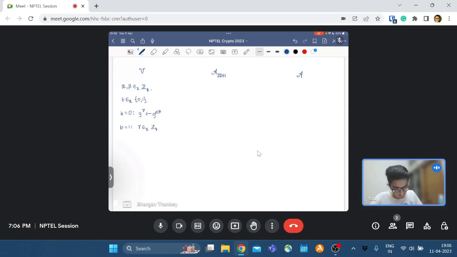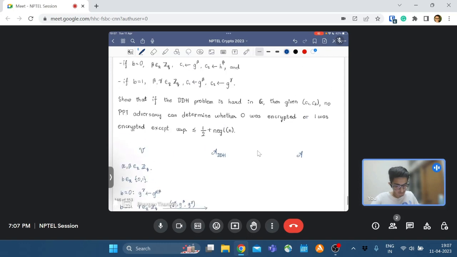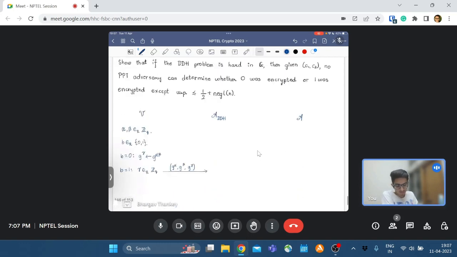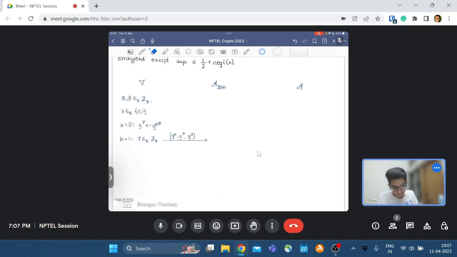And then it sends, actually, instead of calling this g to the gamma, let me call it h. And h is set to be g to the gamma.